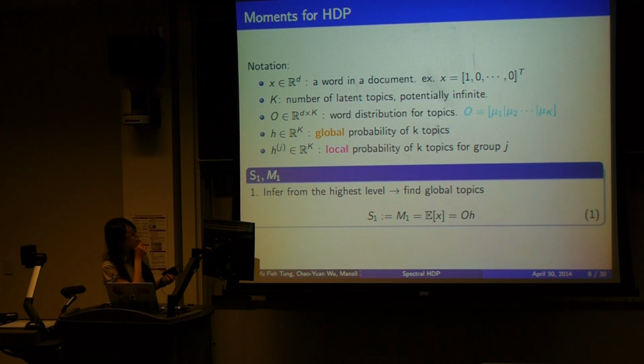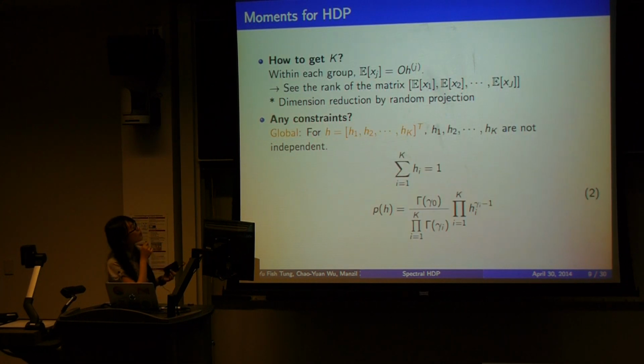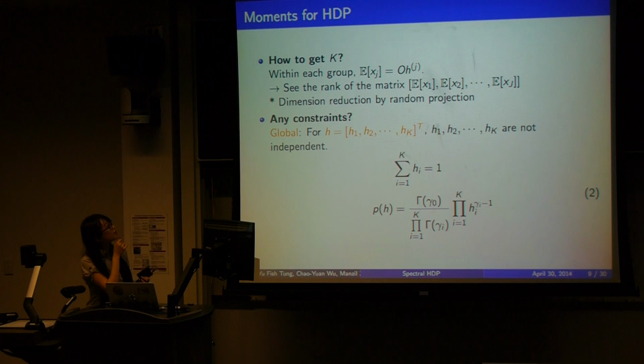For the first one, it's simple. If we calculate the probability of each word appearing in these documents, then it will be O H, where H is the global topic. And you will ask, how do we get K?